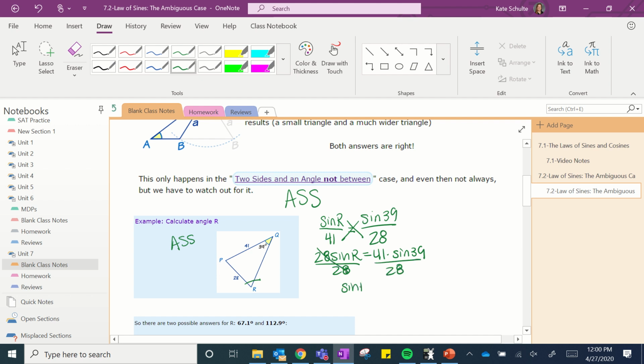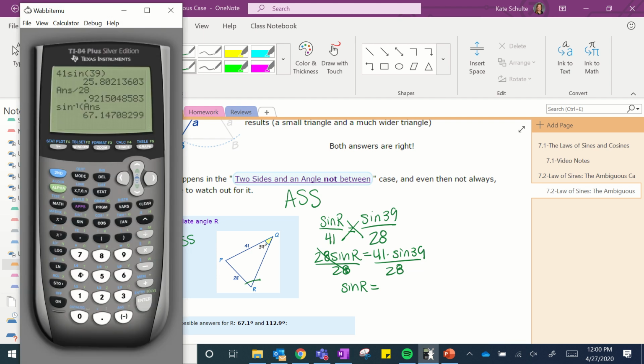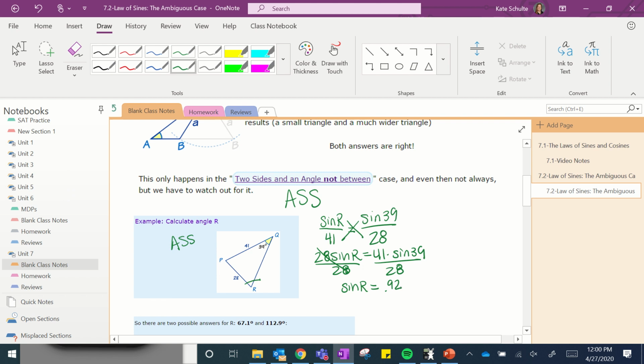That gives us sine of R, and this we need to evaluate in our calculator. So 41 times sine of 39, and then I'll divide by 28. That gives me 0.92. I'll just write that here, but when I plug this back in, I'm going to use that whole decimal.